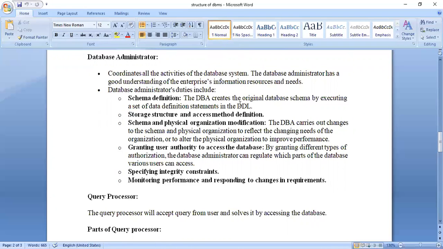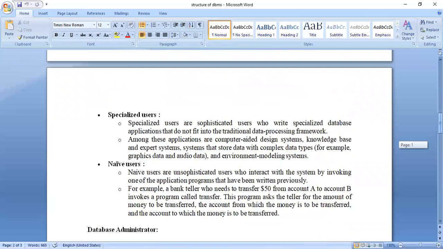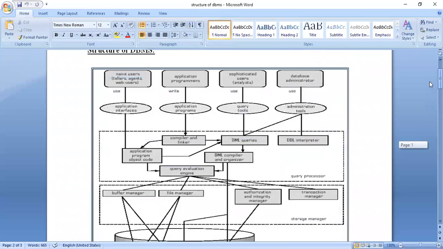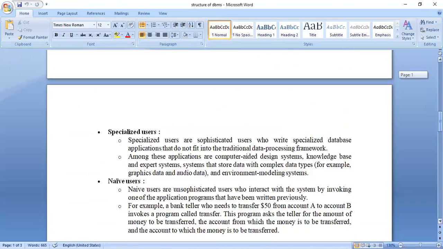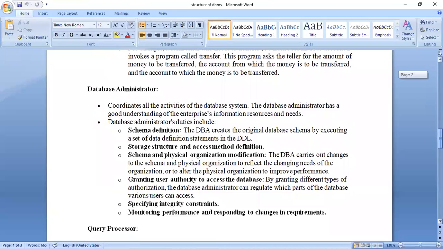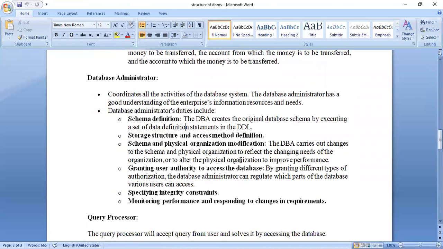Similarly, using that DDL, the database administrator creates the original database schema, the original database definition. That is why in the structure here, the database administrator is using the DDL interpreter, the data definition language interpreter, which is used to define the structure of the database.